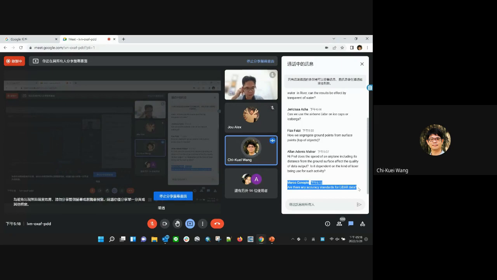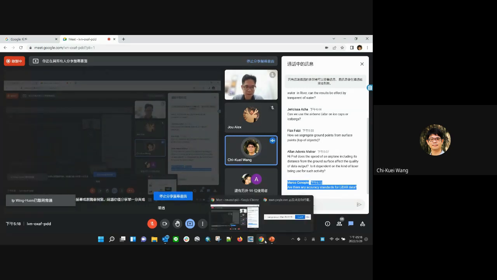The DEM has to be 20 meter, and in the final DEM, the elevation accuracy has to be within 20 centimeter. For USGS, I forgot the exact number. You can look it up. The USGS has their number.